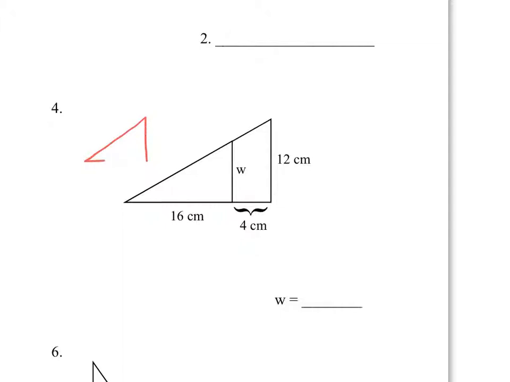If this is our small triangle, that's this one right here, this one inside. That means this is W and the bottom is 16. Then if I outline the whole thing in blue, that's our big triangle. Well, what are the sides of the big triangle? I'm going to draw it again over here. Here's our big triangle.